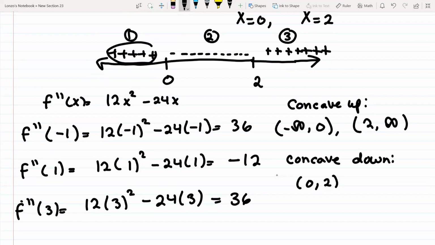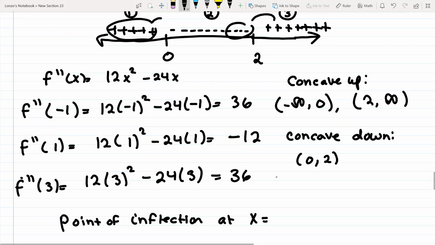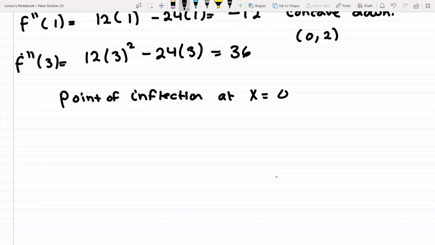From positive to negative, it changed. And then from negative to positive, it changed. So you do have a point of inflection at x equals 0 and 2.